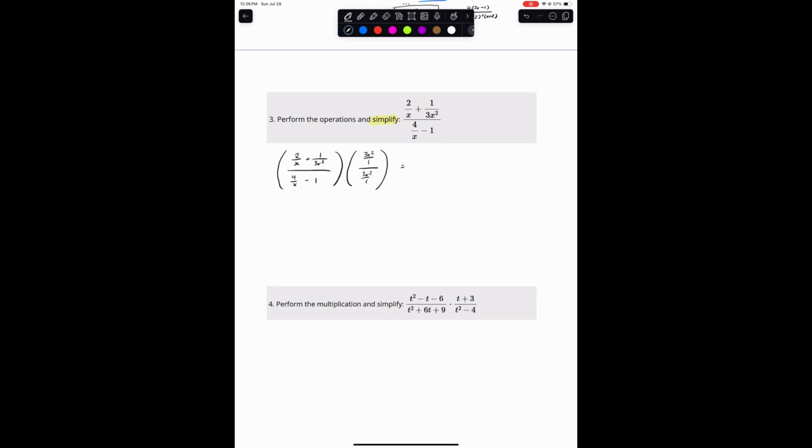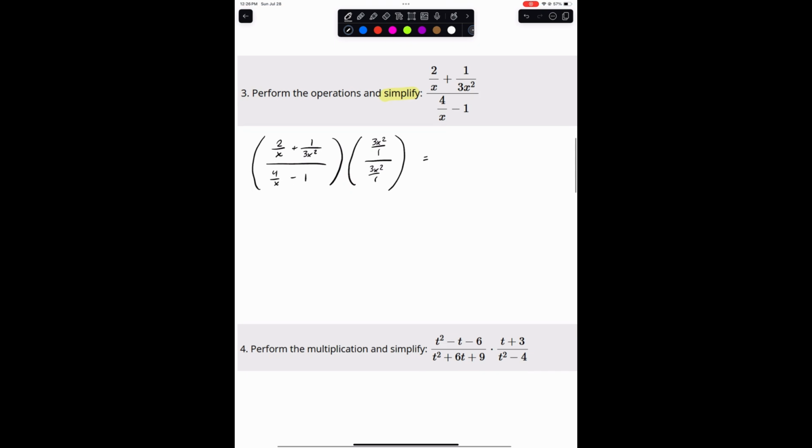We get, let's see. So we get 6x squared over x, plus 3x squared over 3x squared. And on the bottom, we get 12x squared over x minus 3x squared over 1, right?